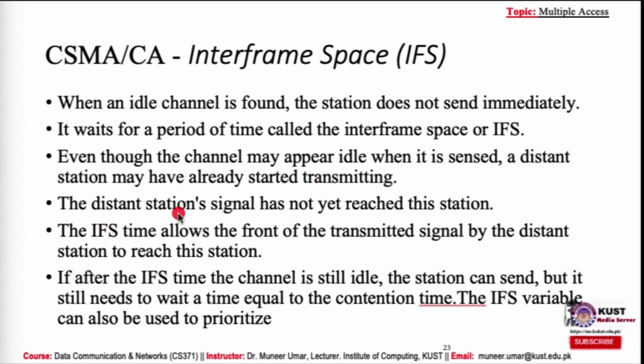The distant station's signal has not yet reached the station. The IFS time allows the front of the signal transmitted by the distant station to reach this station. If after the IFS time the channel is still idle, the station can send. So it must wait for IFS.